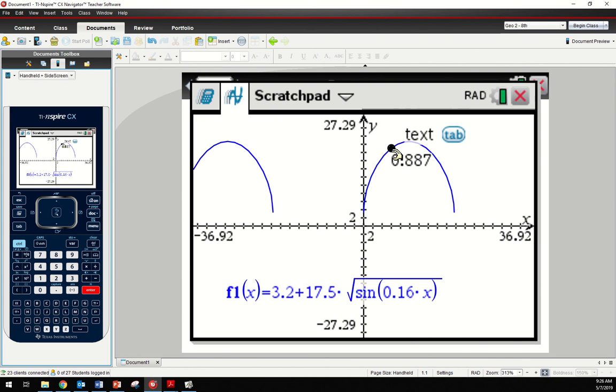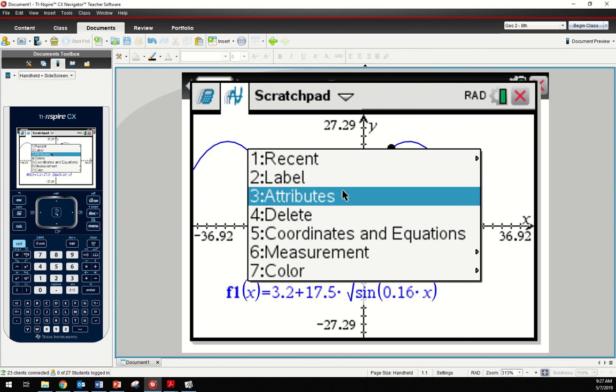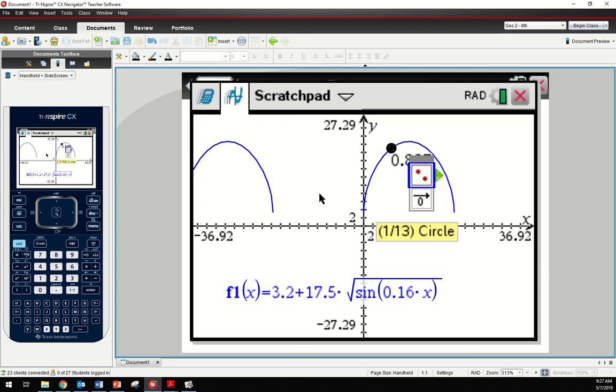There we go. Now it gives me this decimal, 0.877. If yours doesn't have 3 decimals, you can click on it, hit control menu, and it's going to right click for you. It's going to open this up, and I want attributes.